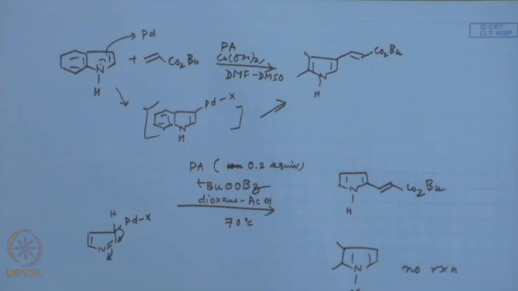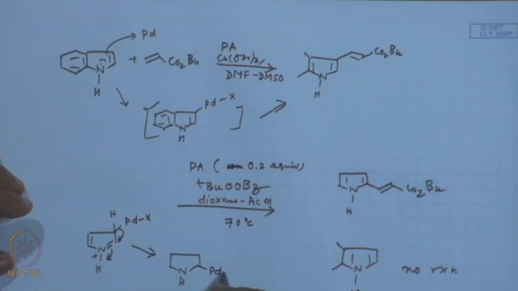Okay. So, that means hydrogen here, and that also requires the iminium kind of a salt here. And so, what do you see here? Then palladium and X and this hydrogen, and so you will have this.